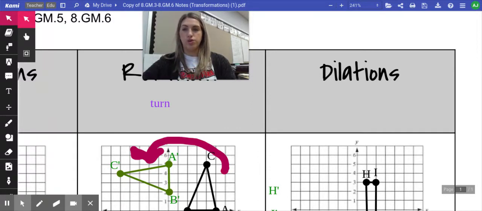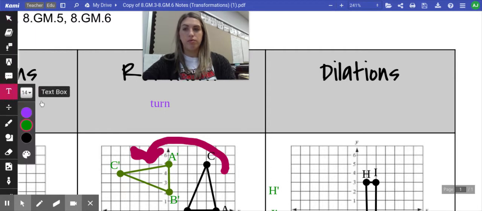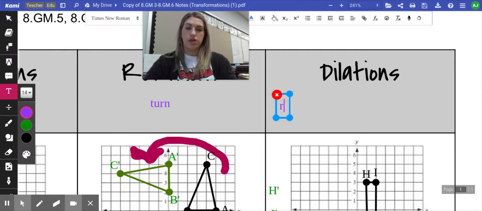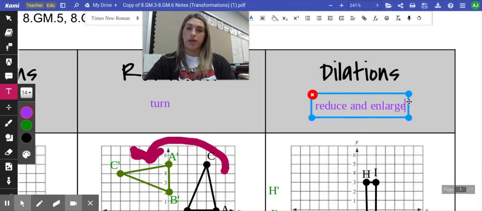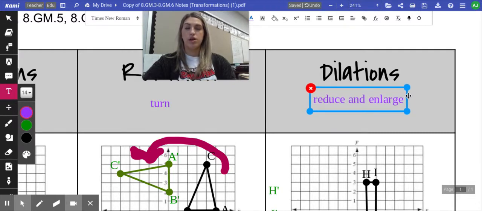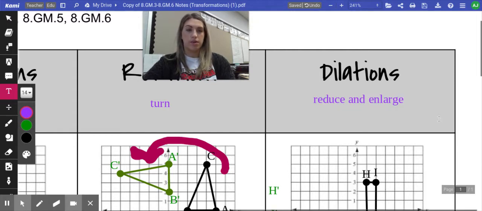So the two words we use for dilation are reduce and enlarge. To reduce means to make smaller, enlarge means to make bigger. So when we perform a dilation, we are either making something bigger or smaller. We're either reducing or enlarging something.